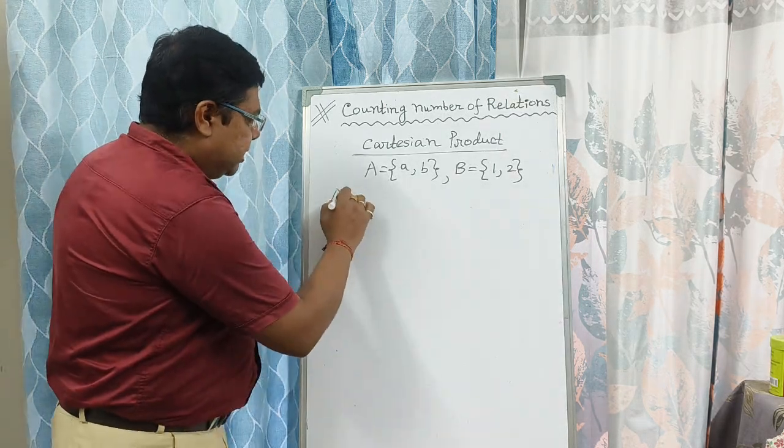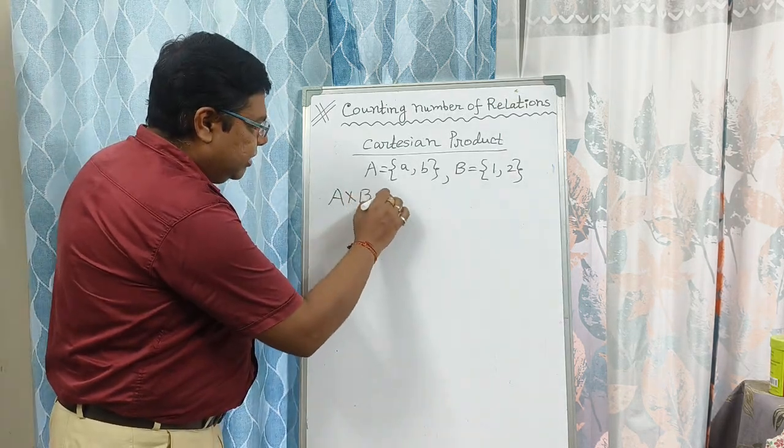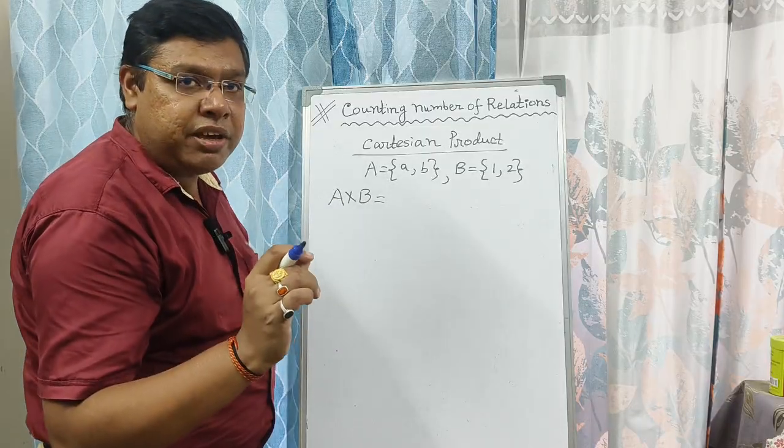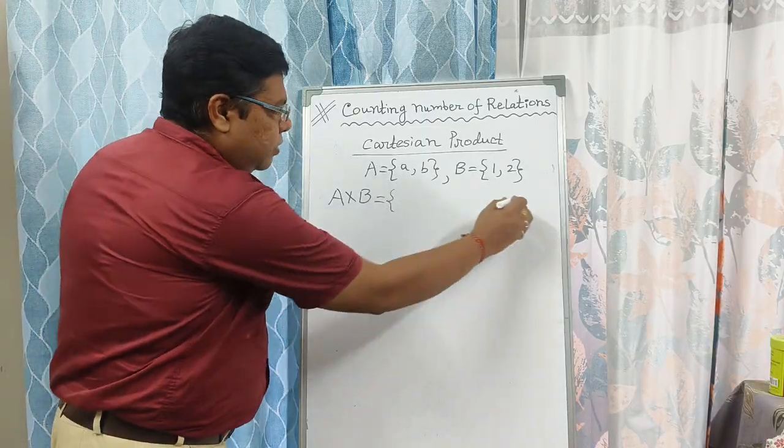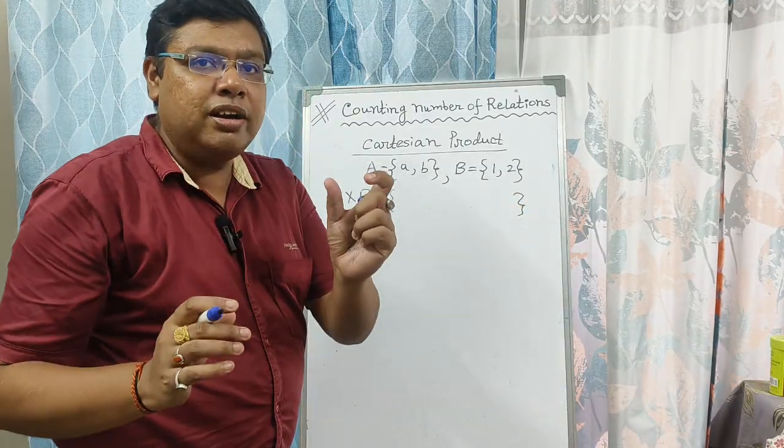Now, in the Cartesian product, if you are doing A cross B, then I am going to make ordered pairs.